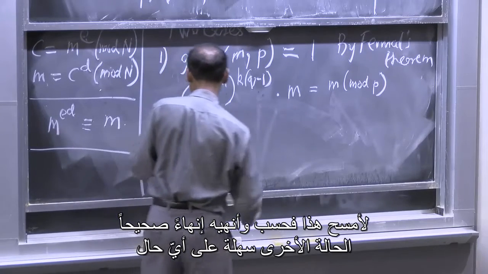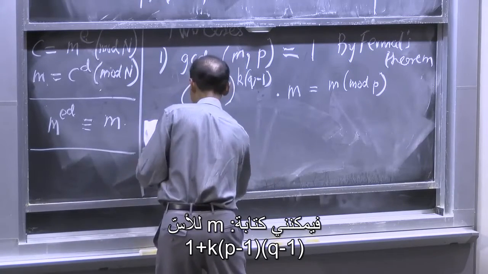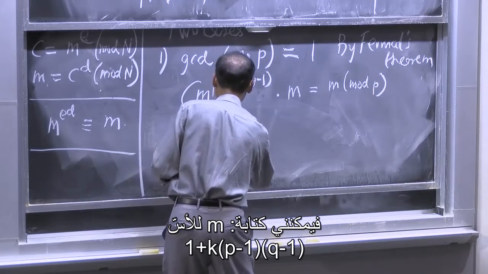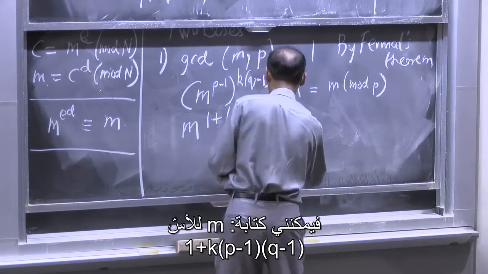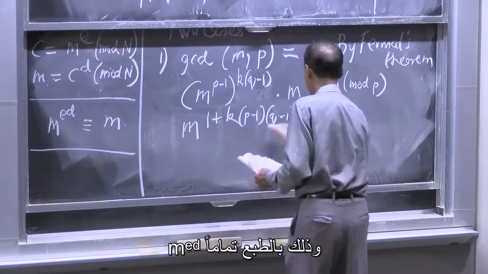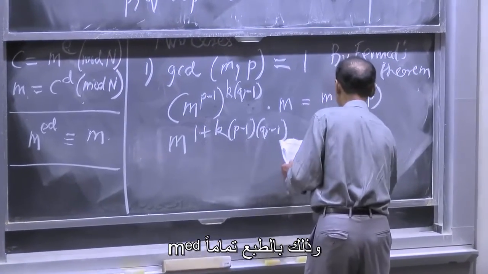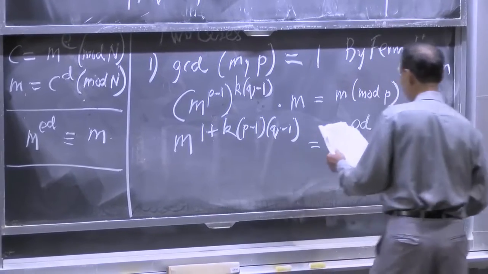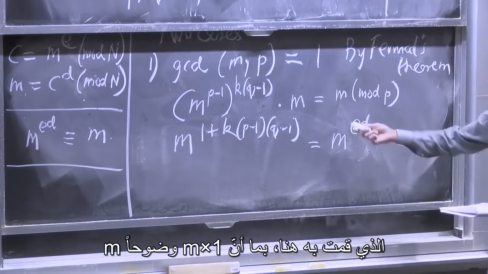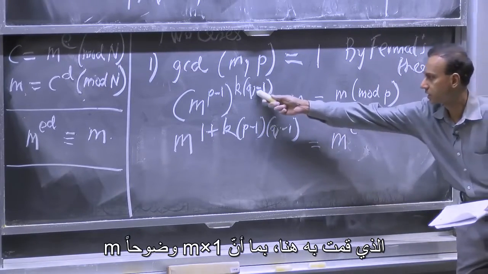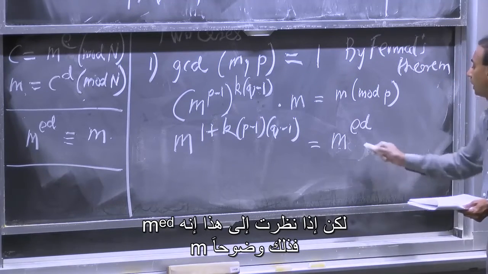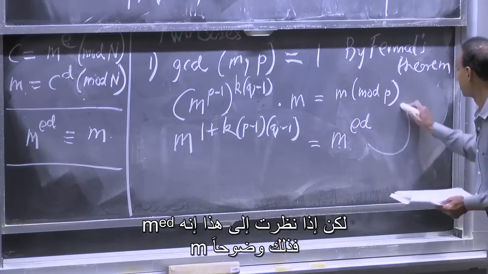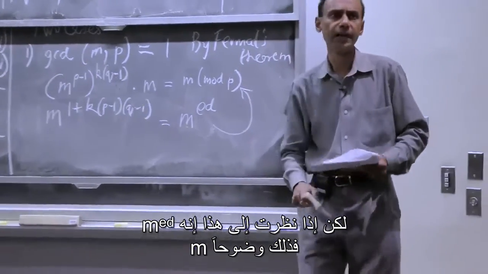The other case is easy anyway. And so I can write this as 1 plus k times p minus 1 times q minus 1. And that, of course, is exactly m raised to ed, right? And so what I've done here is this, because 1 times m is clearly m, but if I look at this, this is m raised to ed, so that's clearly m, right?